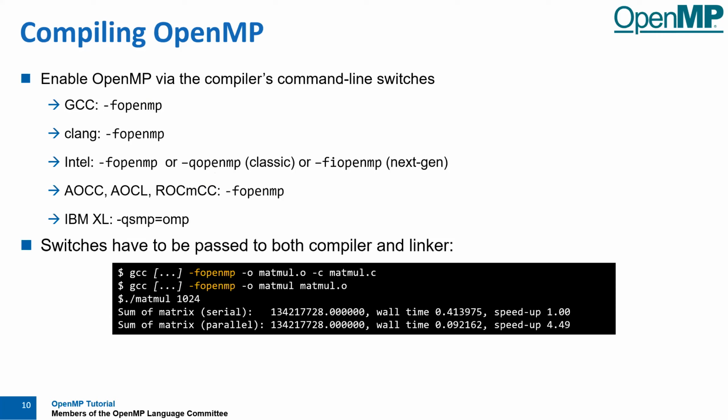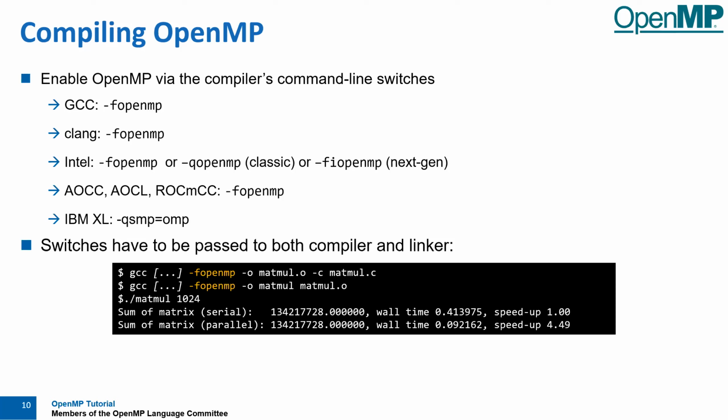And there are subtle differences between using -fopenmp and -fiopenmp for the next-gen compiler. So you're best referred to the Intel manuals about what the differences are and which option you need to use. And then IBM has a slightly different syntax. They use -qsmp=omp to enable OpenMP support.